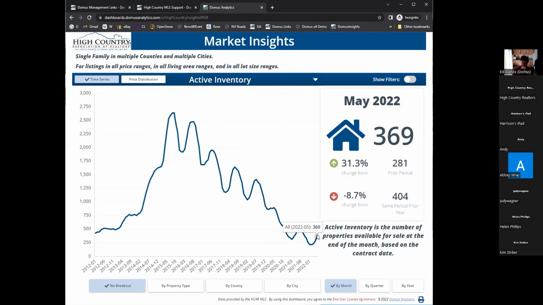And so this is kind of what I want to mention. Even though all the stories in the media, and we look at this number of, gosh, we're up 30% in inventory from the prior month. Even though this is a big jump in inventory compared to where we've been the last couple months, this visually demonstrates just how far away we are from the market we've all been used to.